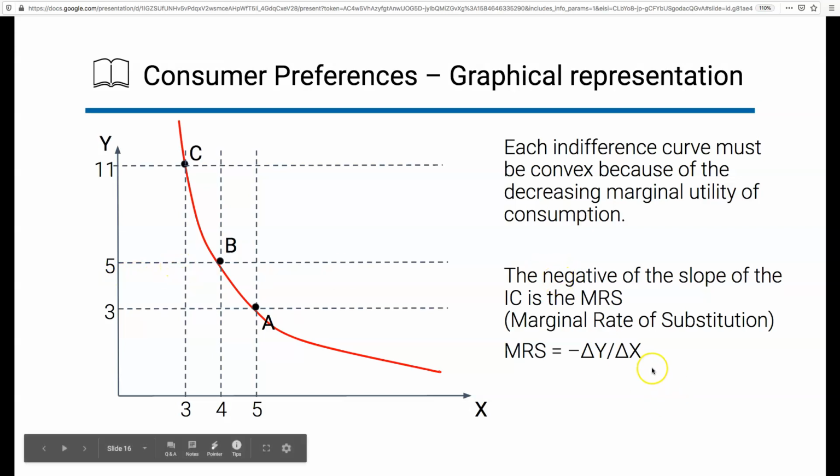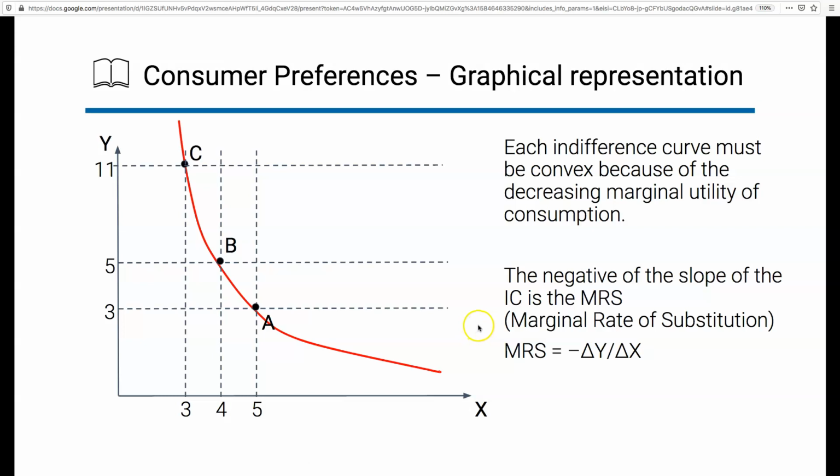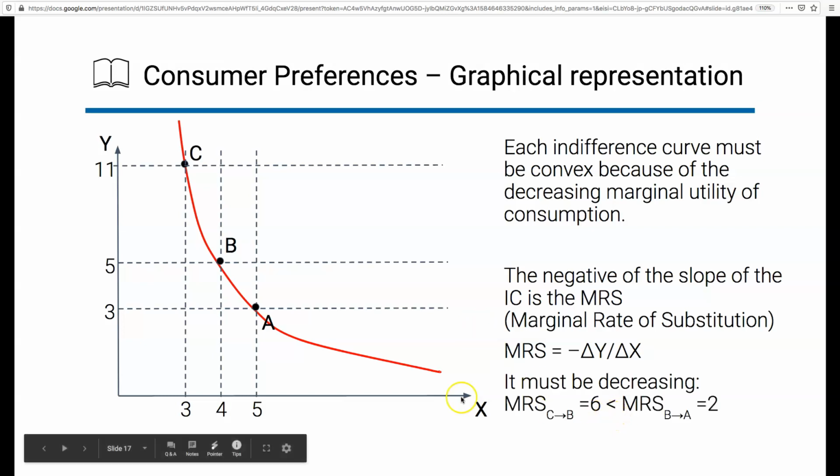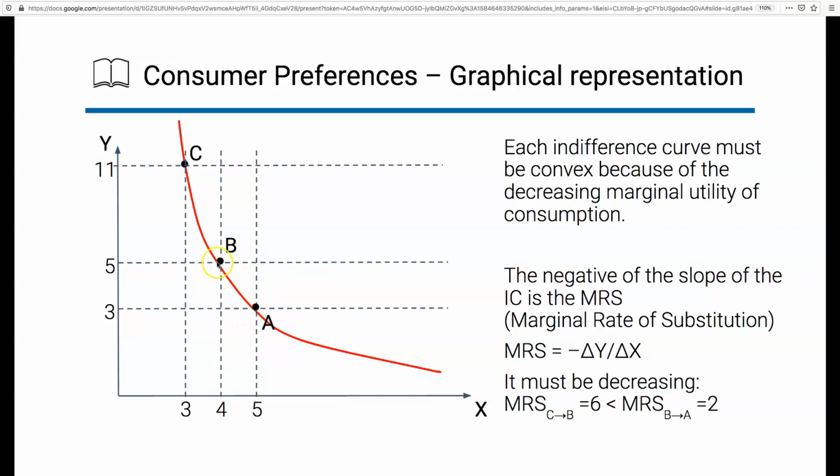So I'm gonna find the approximate slope between B and C and approximate slope between A and B. You can see that when we move from 5x to 4x, we trade it for 2 units of Y, so the marginal rate of substitution is going to be 2. But when we move from 4 units of X to 3 units of X, we trade this 4th unit of X for 6 units of Y, so the marginal rate of substitution here is going to be 6.